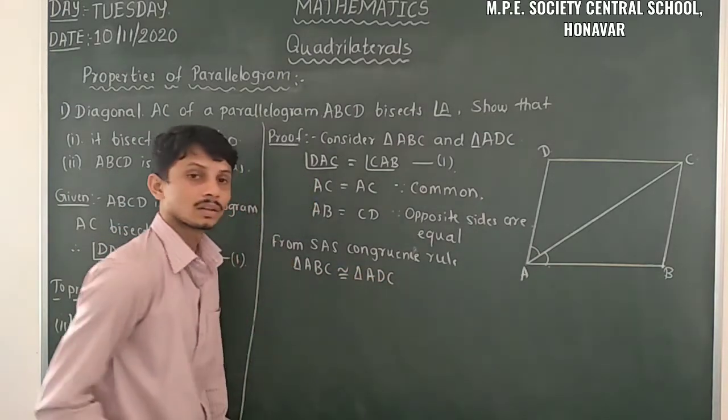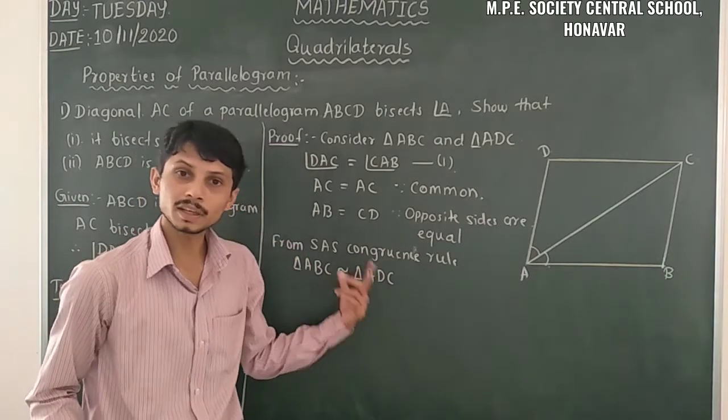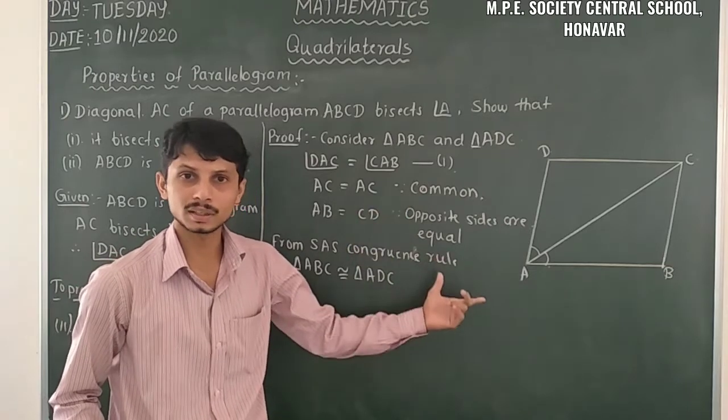When those two triangles are congruent, corresponding parts of congruent triangles are equal.